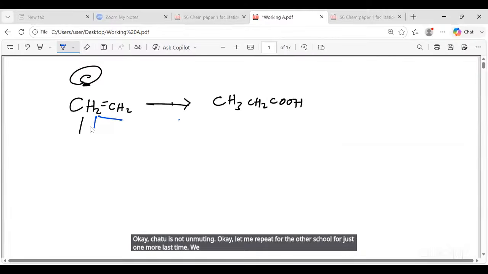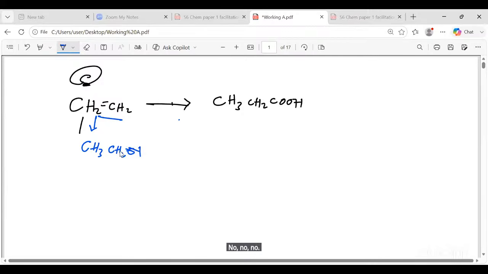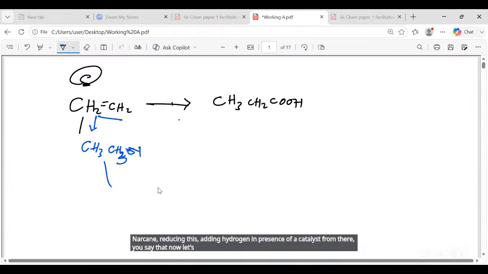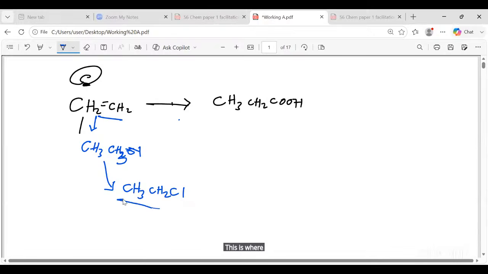We're saying that right here, someone could say, let's first form this. An alkane, by reducing this, adding hydrogen in presence of a catalyst. From there, he says now let's go to forming an alkyl halide. This is where I will have a challenge.